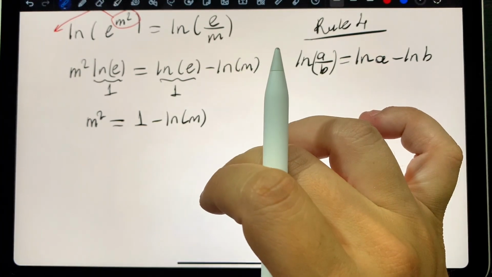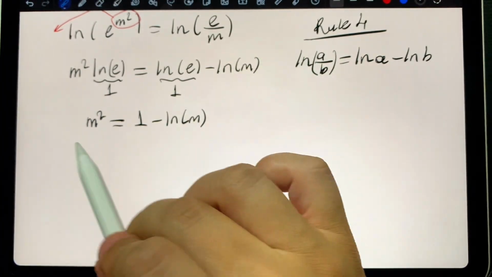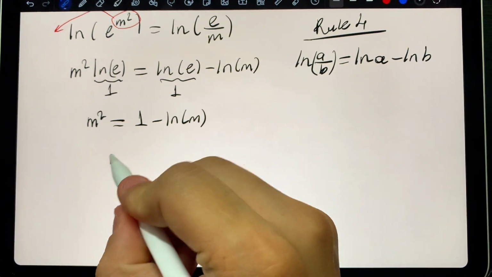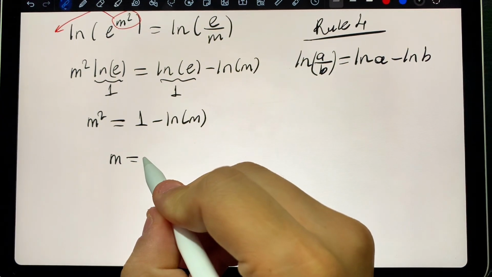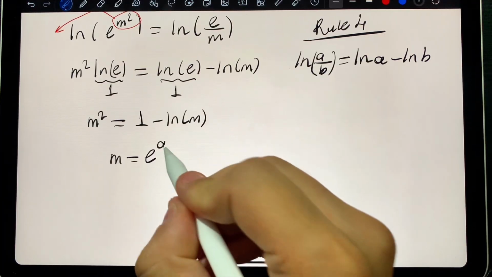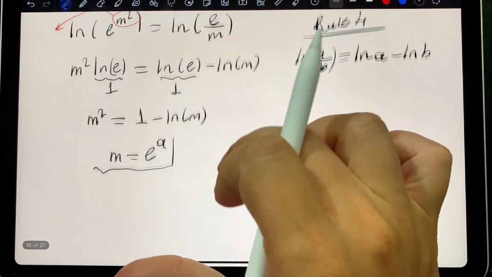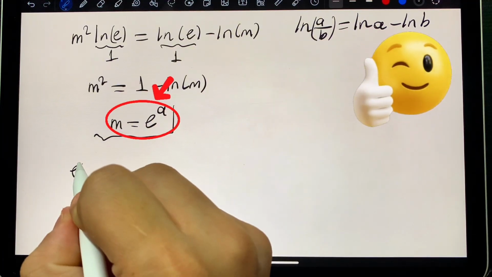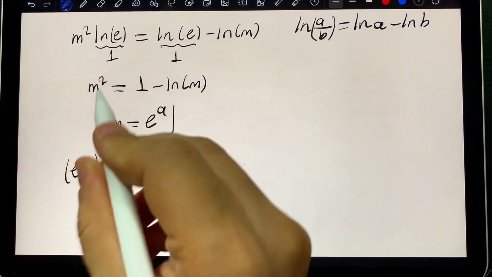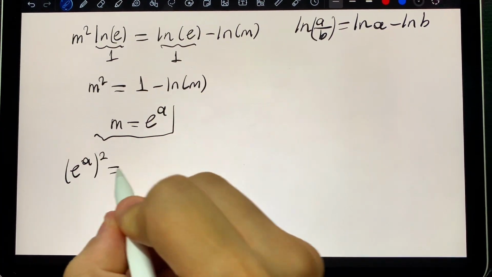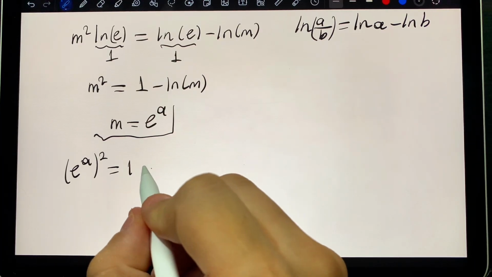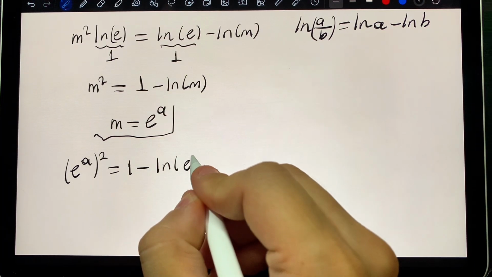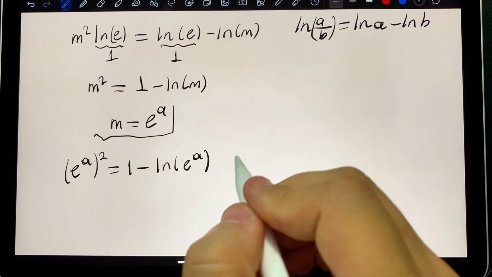Then, again, make a name here. m equals e power a. Yes, be careful. e power a squared equals 1 minus ln e power a.